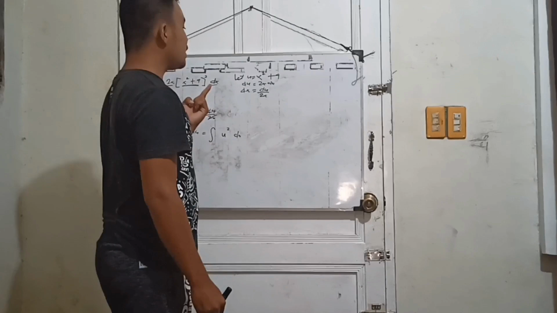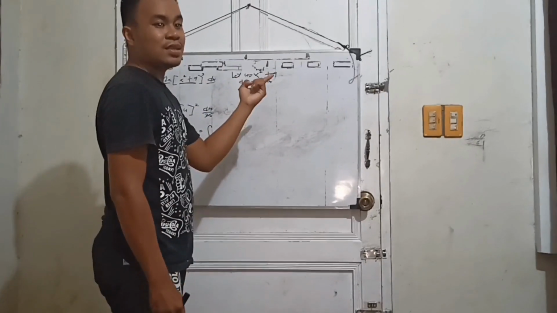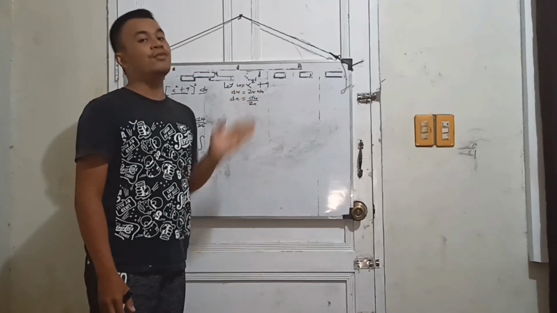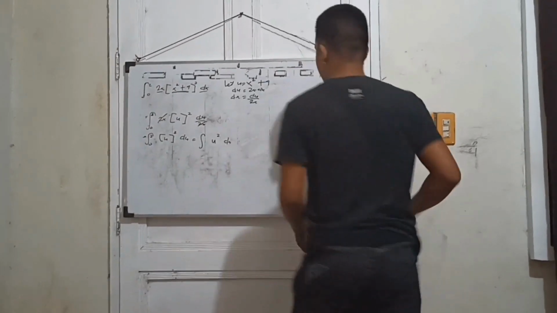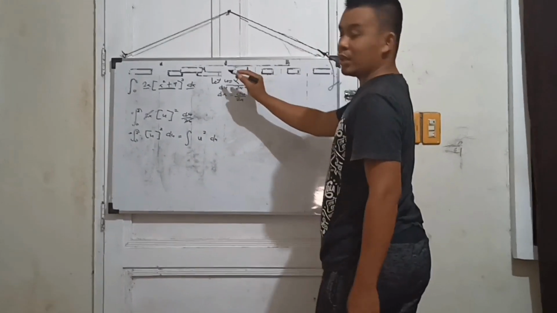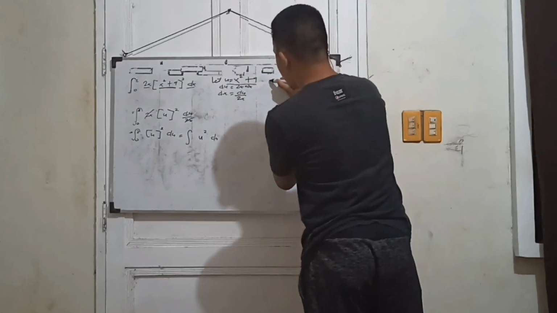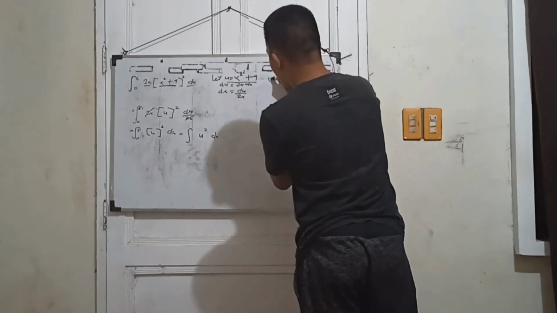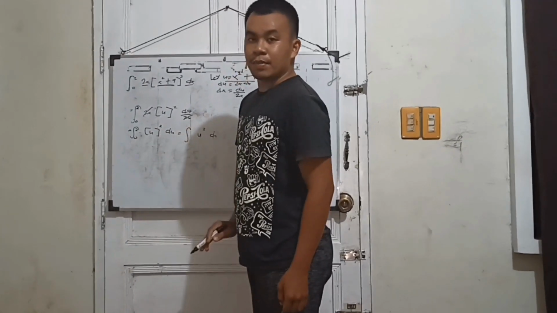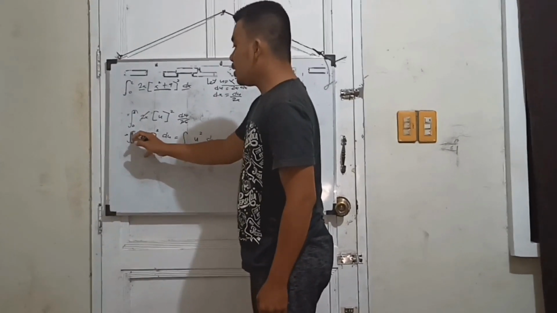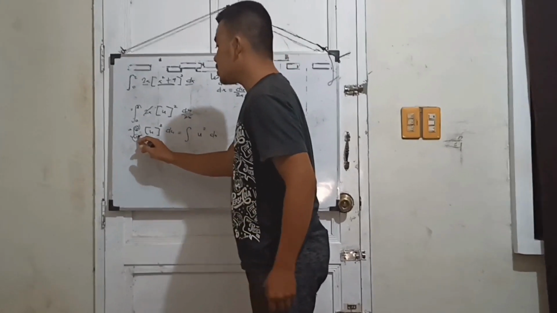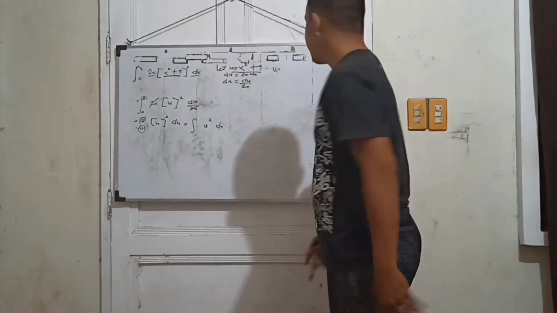So what we are going to do is change its limits to the corresponding values using the limits that we had earlier. Always remember that the 2 and 0 are our limits, whereas the 2 here is our upper limit, or f of b, and the 0 here is our f of a, or the lower limit.